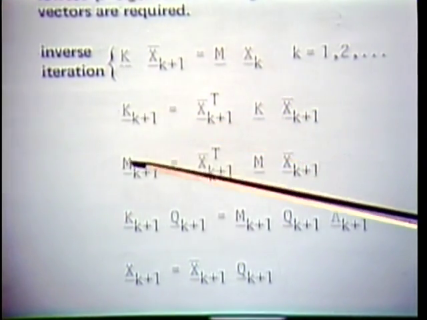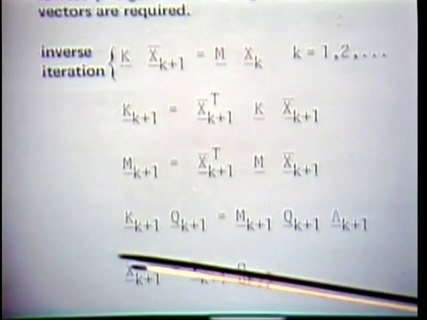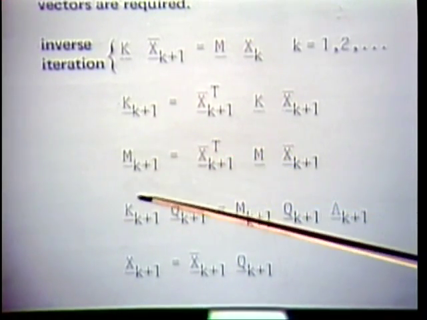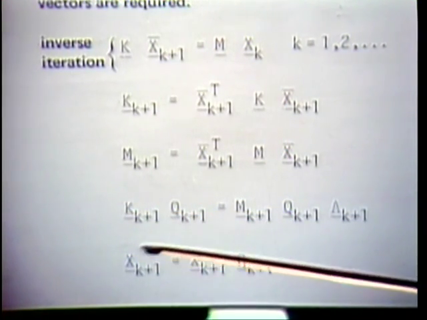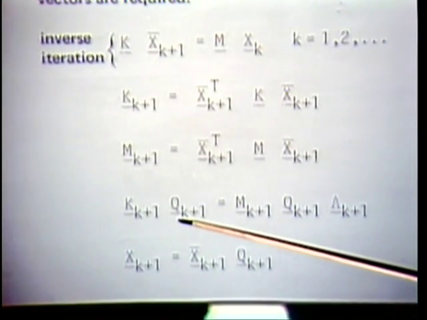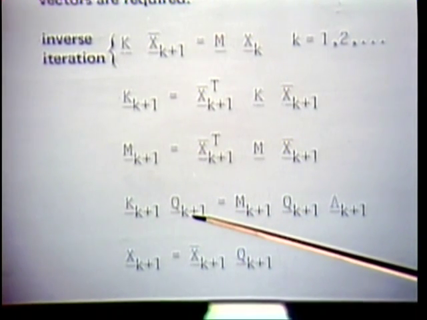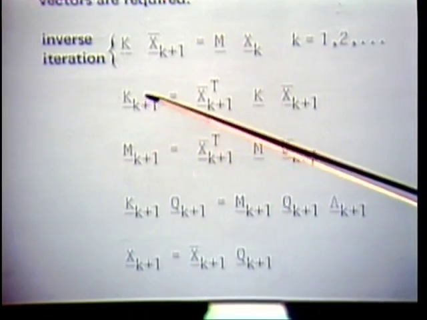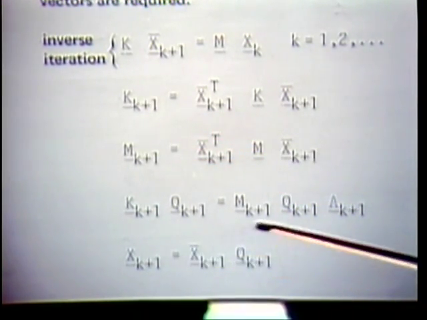But having calculated these two matrices, which are now of order q by q, we are solving the eigenvalue problem of these q by q matrices. And the solution of that eigenvalue problem is shown here. Notice this matrix here is a q by q matrix. We are using q vectors. This is a q by q matrix storing the eigenvectors of the eigenproblem corresponding to these matrices.